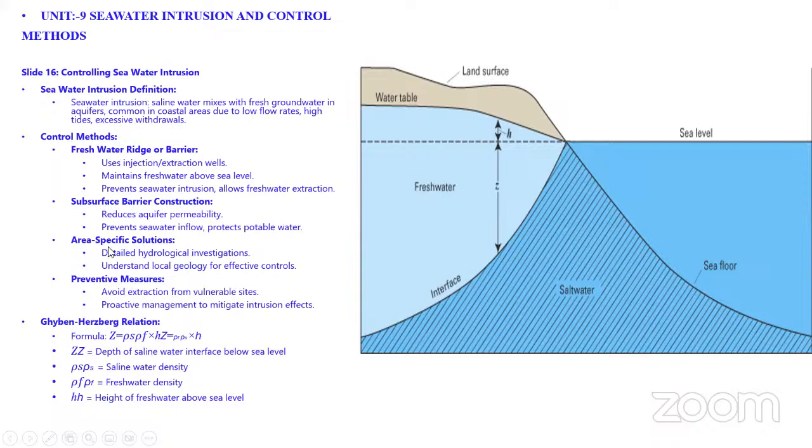And area-specific solutions need detailed hydrological investigations and an understanding of local geology for effective controls. If we know the geology, aquifer parameters, infiltration rates, runoff rates, and pumping rates, then we can control seawater intrusion into the freshwater zones.